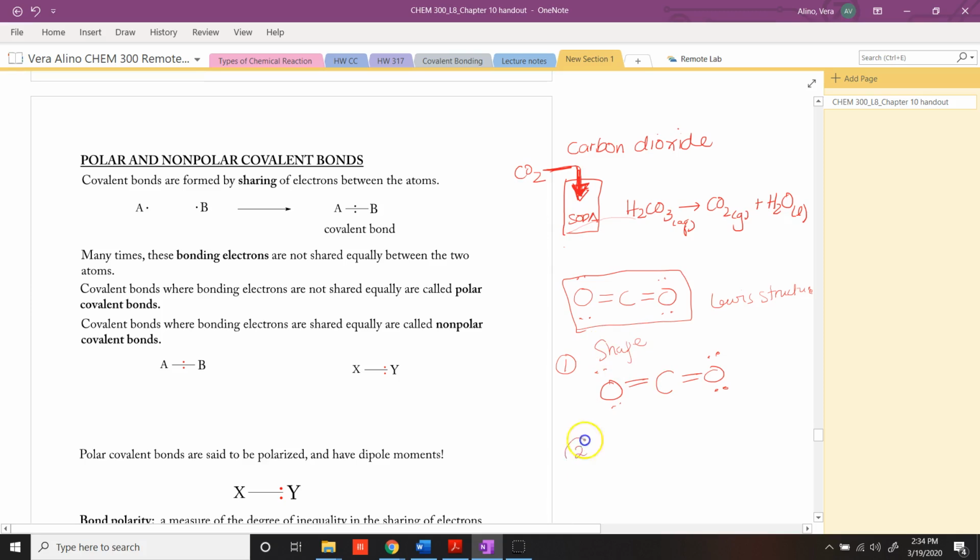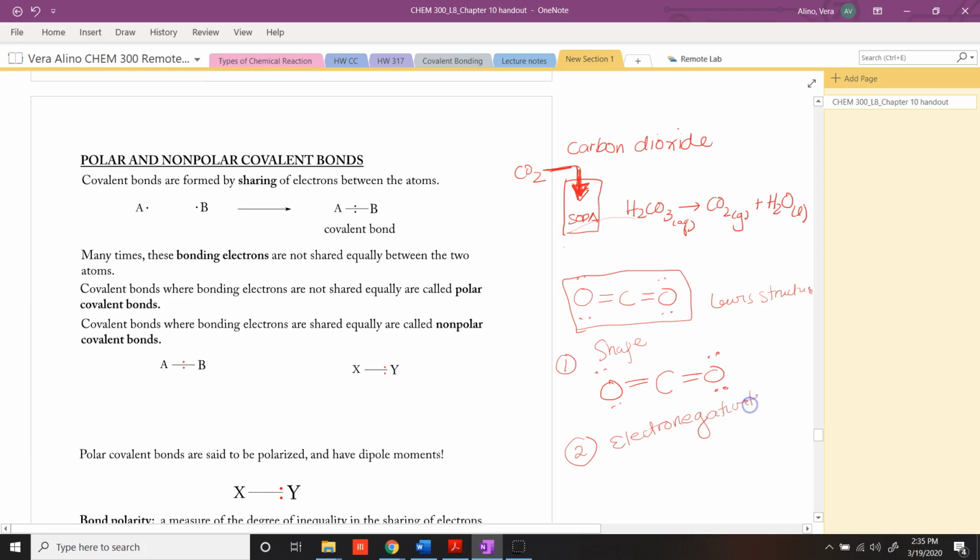Now that we know the shape, we need to know the sharing capability of these two atoms. Who is greedier than the other? We're going to figure that out by looking at the electronegativity of each of the atoms sharing the bond.